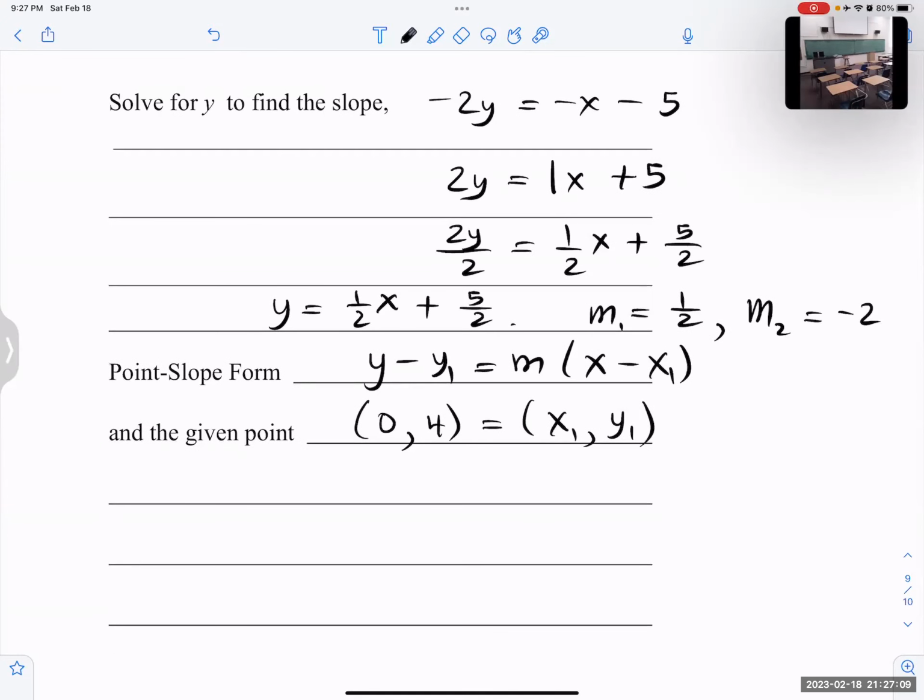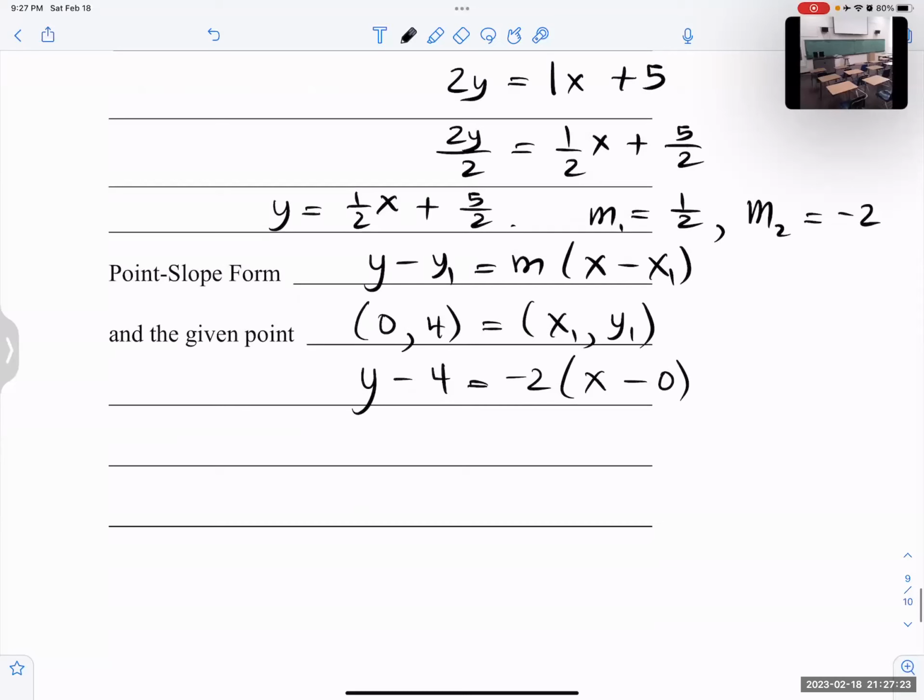So the equation of the line perpendicular is y minus 4 equals slope -2 times x minus 0. And if we want to solve for y, we have y minus 4 equals -2 times x, or y equals -2x plus 4 is the equation of the line perpendicular containing the given point.